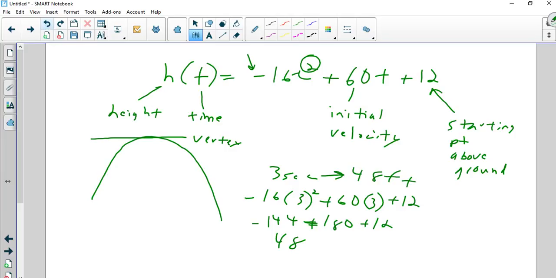Now I can do that with any amount of time. I can put 10 seconds in and whatnot. I will get different amounts. Now eventually I could put in a time that would give me an error because, in other words, it's past the time it's going to come back down and land. Now when I say error, you'll get an answer. Okay? You'll get a negative answer.